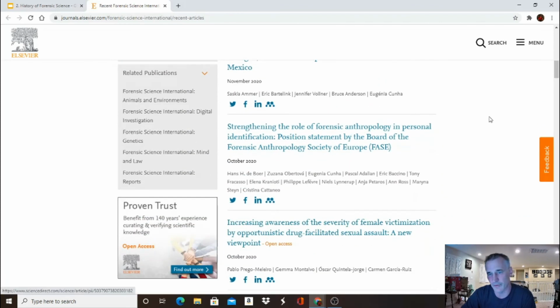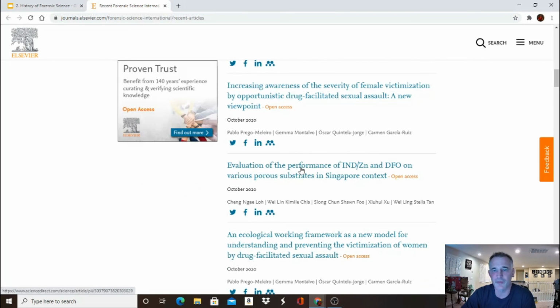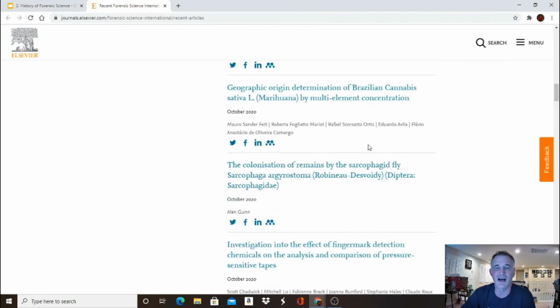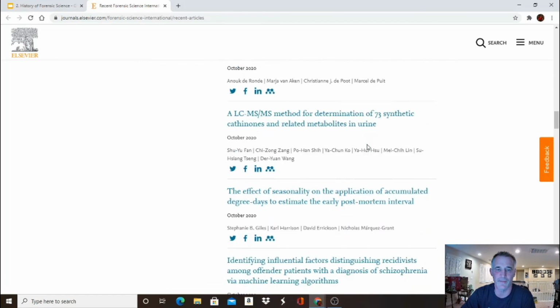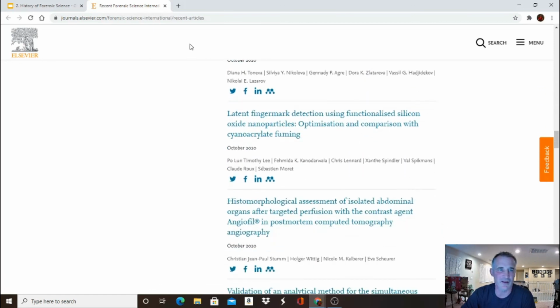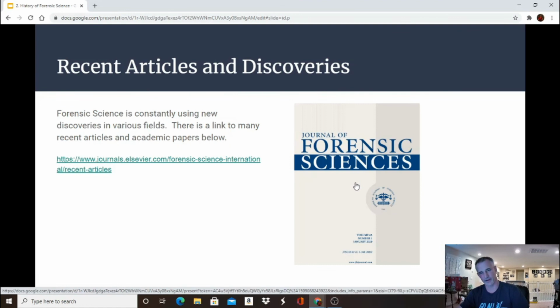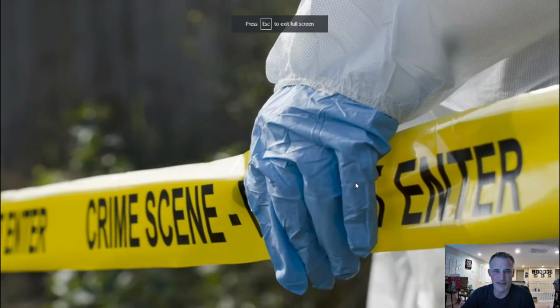Strengthening the role of forensic anthropology, increasing the awareness of severity of female victimization, evaluation of performance of IND, ZN, and DFO on various porous substrates in Singapore context. So there's tons of different advances and articles and different things that you can research looking at this journal, okay? So a great resource. I would save that one as well.